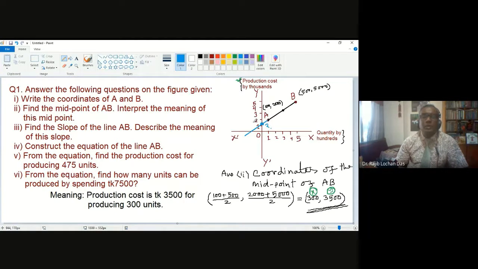This is not a part of this question. Maybe in some other question I can give you something like this. So if you extend it to the left side and it crosses the y-axis line, this is the point where it crosses the y-axis. So what do you understand by this? What is this point?